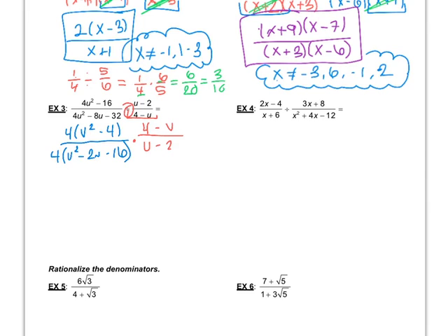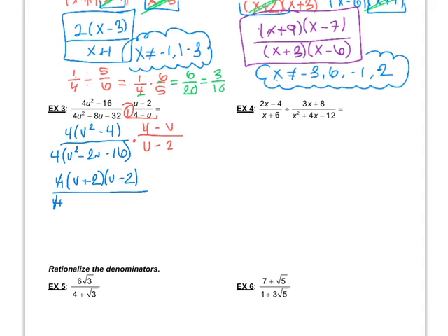u squared minus 4 is a difference of squares. So I can rewrite that as u plus 2 times u minus 2. In the denominator, I have 4 times, some of you may have already canceled out those 4s, that's totally fine. So u squared minus 2u minus 16. Two numbers that multiply to negative 16. And, no, not 16.